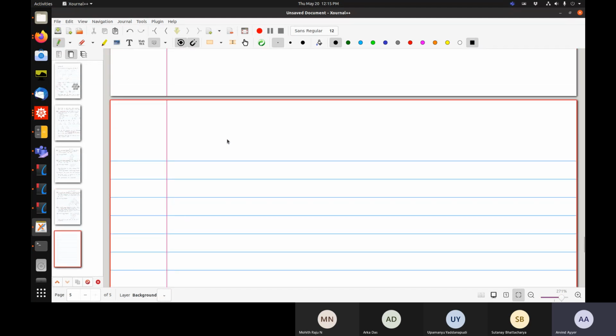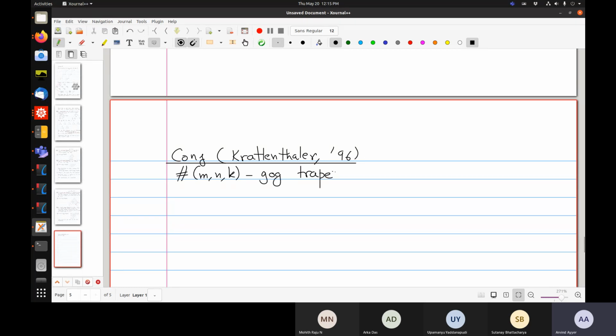The reason for defining these, as you can imagine, is a conjecture due to Krattenthaler from 1996, not long after Zeilberger's theorem: that the number of m and k gog trapezoids is equal to the number of m and k magog trapezoids, again for 1 less than or equal to k less than or equal to n arbitrary, and n also arbitrary.